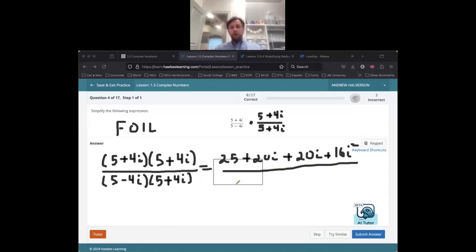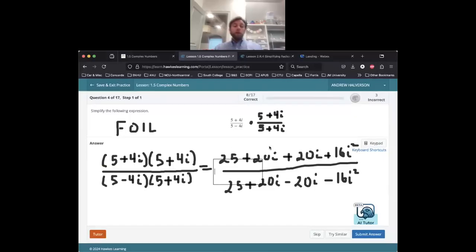All of that over first, outer, inner, last. So first 25, outer plus 20i, inner minus 20i, last minus 16i squared.